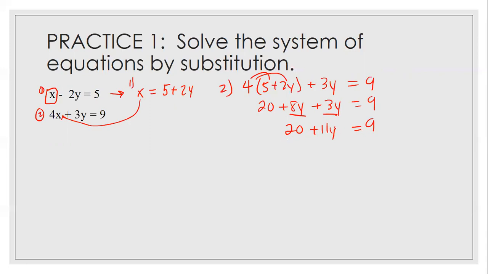Then we're going to isolate the variable. So we're going to subtract 20. Okay, so when we subtract 20, we have 11y equals negative 11. Divide by 11. So therefore, y equals what? Negative 1. Okay.